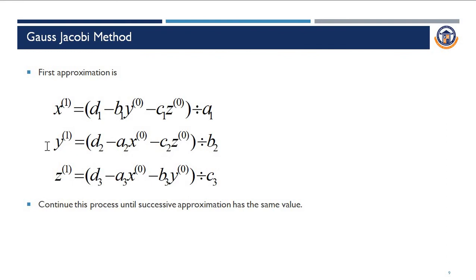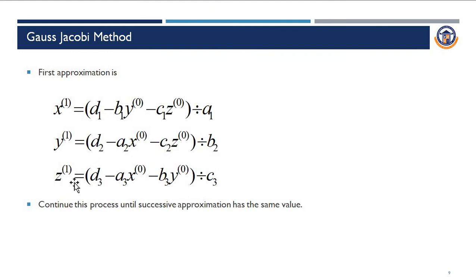When I'm doing the calculation for the first approximation, I have to use those initial approximation values as they are. So the first approximation of x gives d1 minus b1 into y initial approximation minus c1 into z initial approximation. In the same case, the first approximation of y gives d2 minus a2 x initial approximation minus c2 z initial approximation. In the same manner for z also.